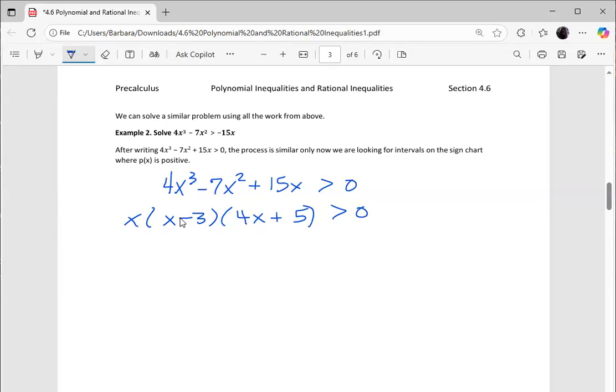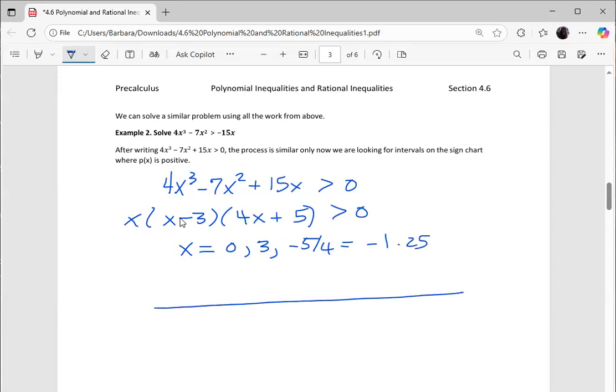And so our critical numbers are 0, 3, and -5/4, which we know is -1.25. And now we take that number line and put in the critical numbers.